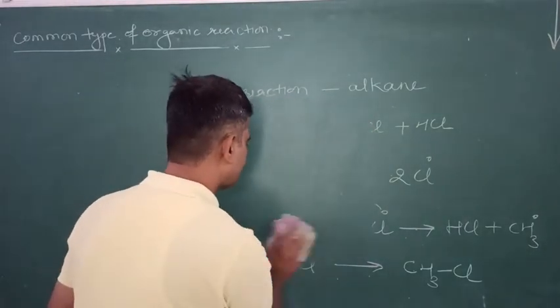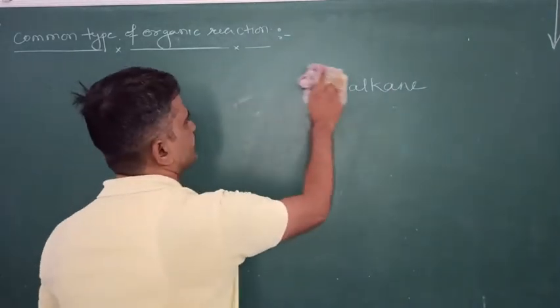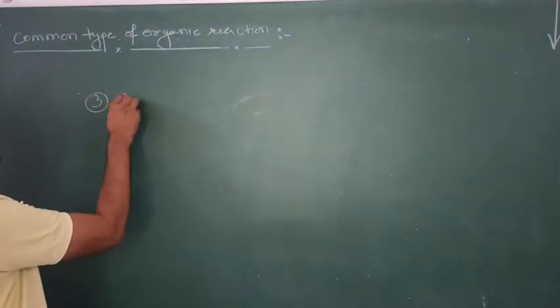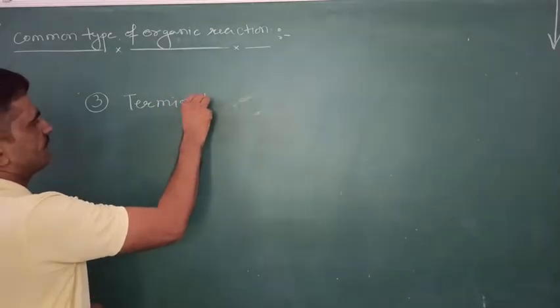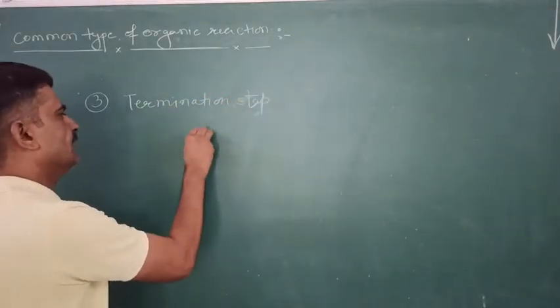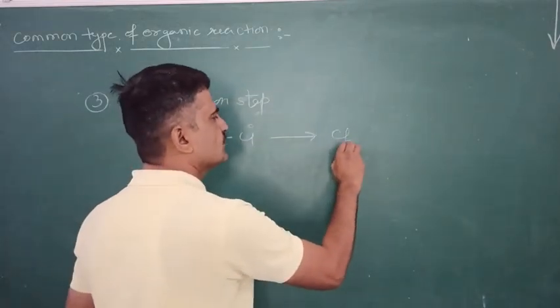Third step. What will happen in the chain terminating step? This is the third step, that is known as the termination step. In that, a chlorine free radical reacts with a chlorine free radical and changes to a chlorine molecule.